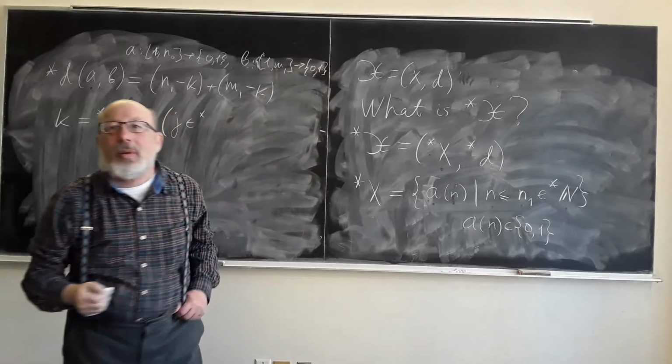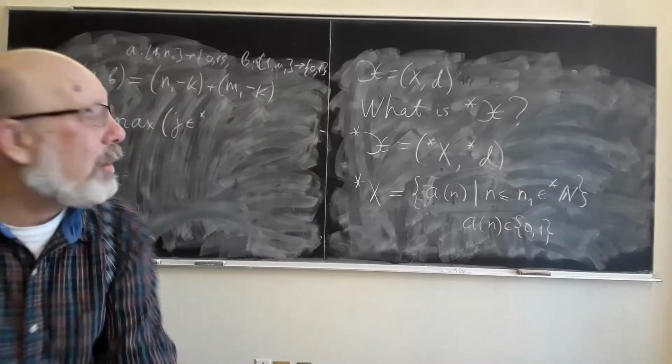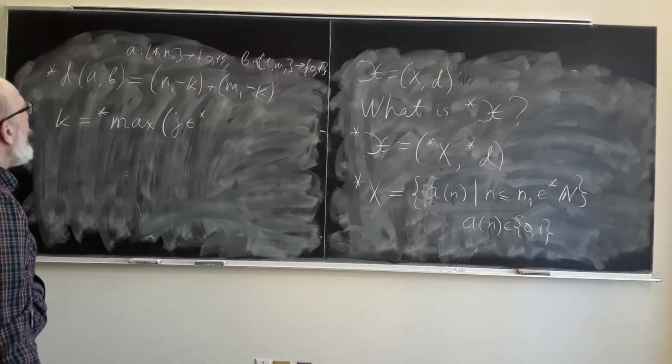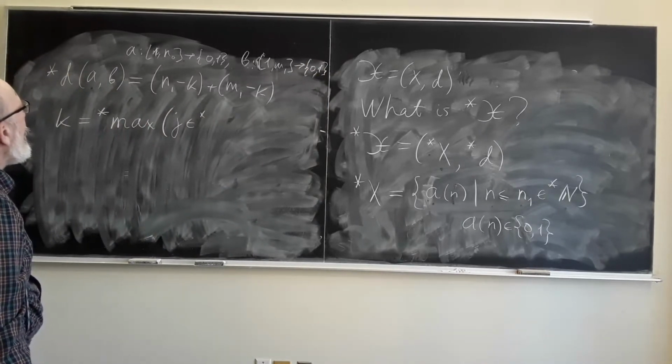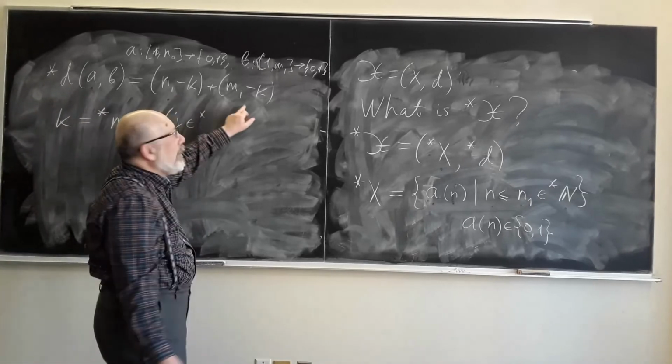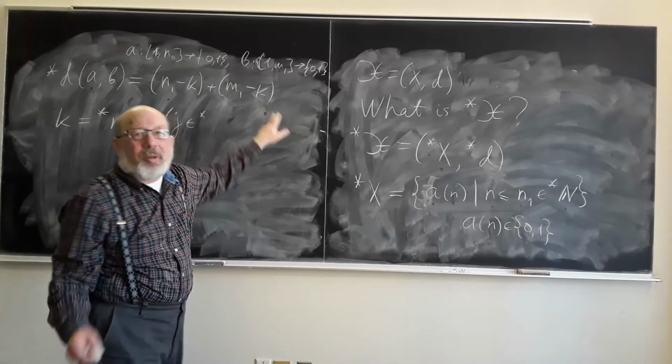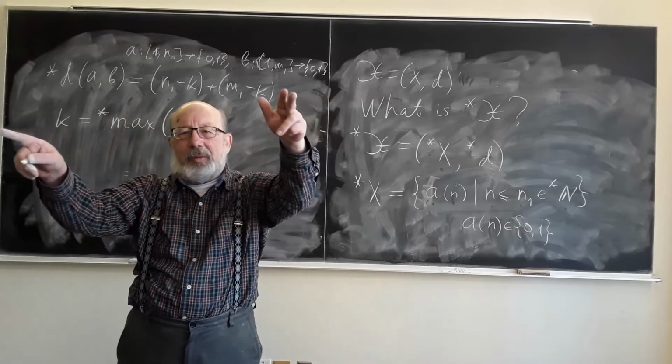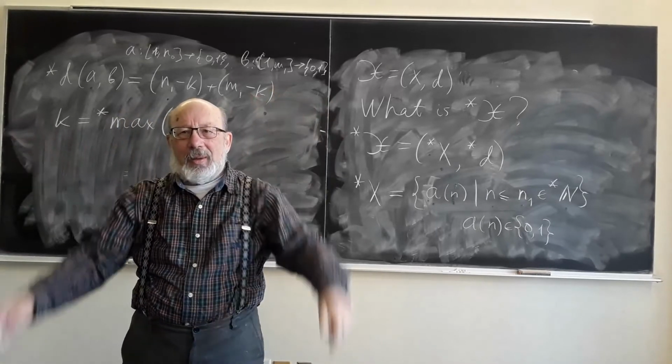So is it n1 minus k plus k minus m1? No. K is less or equal than n1 and m1, because we start from the point where they diverge.